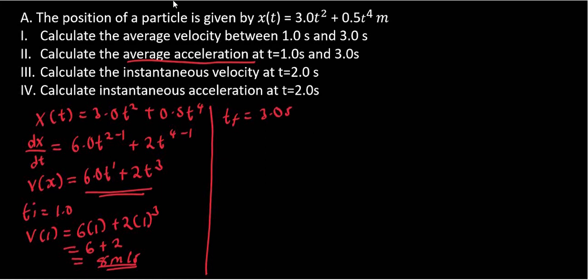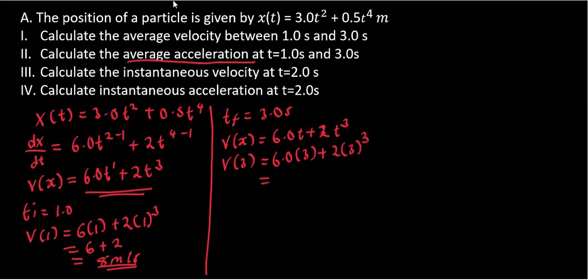Now, I'll get the same velocity equation there, and I'll put 3. So 6 times 3 is 18.